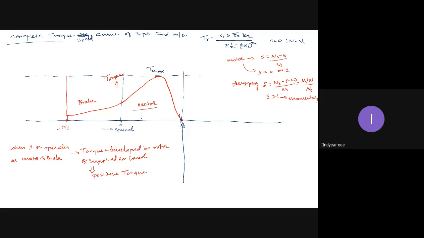In such a case, the torque-speed characteristic will be like this, up to 2 ns. This is minus Tmax. Minus Tmax in the sense the magnitude of the maximum torque is the same, but it is given externally.